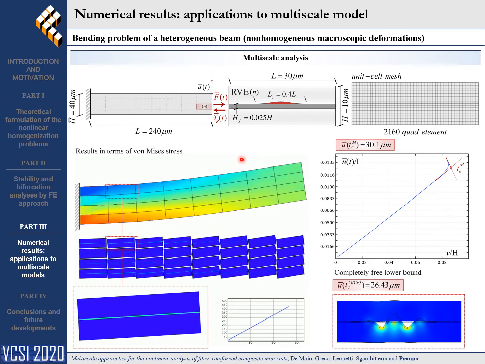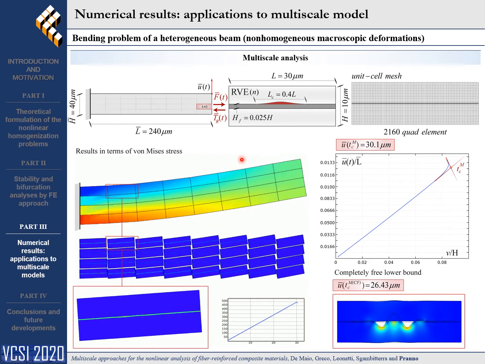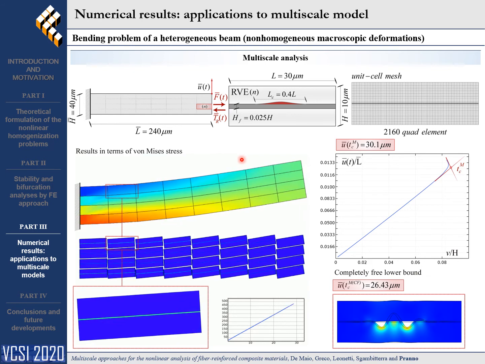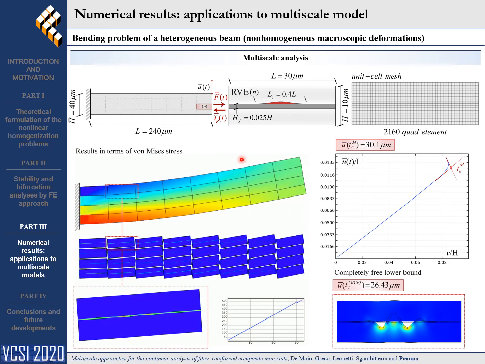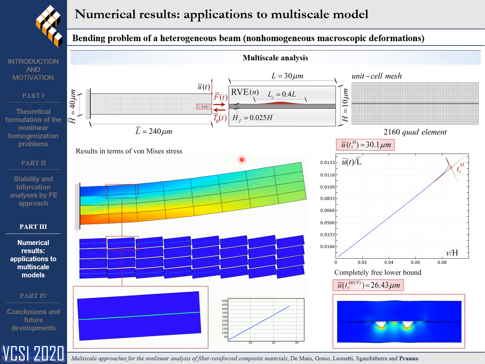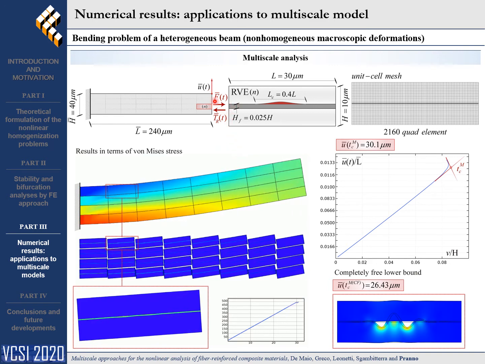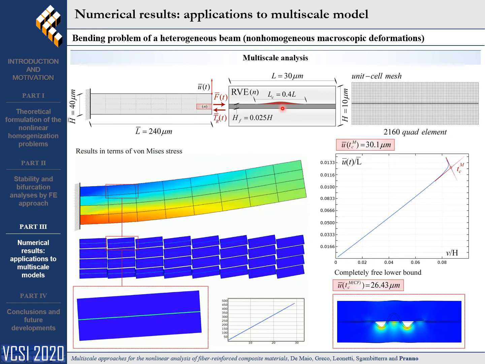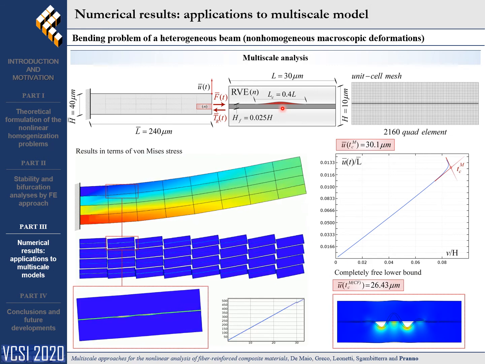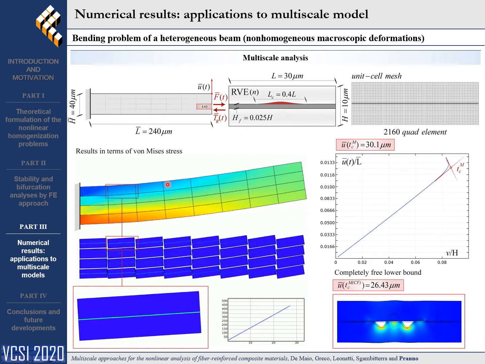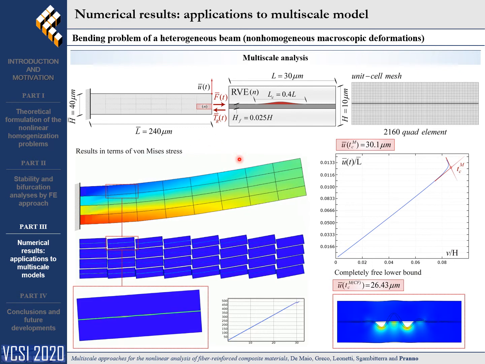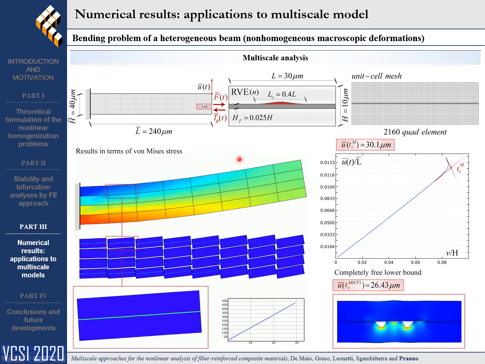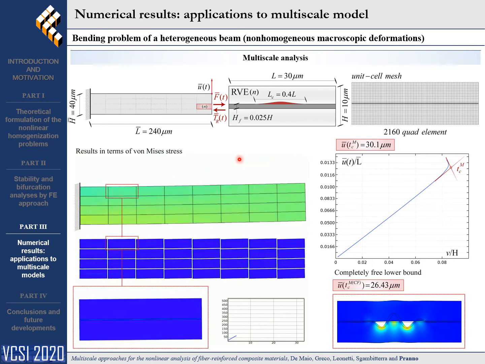The second application concerns a cantilever composite beam reinforced with continuous fibers subjected to a bending stress induced by a concentrated vertical force applied at the free end of the beam. The numerical analysis of the homogenized model was conducted assuming quasi-static displacement-controlled loading condition. In the animation, the von Mises stress map of the macroscopic multiscale model is reported together with their linked microscopic representative elements.